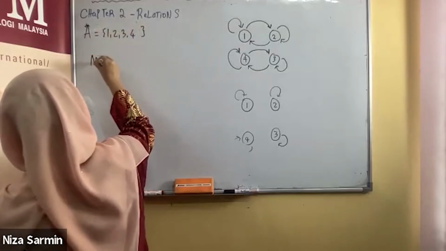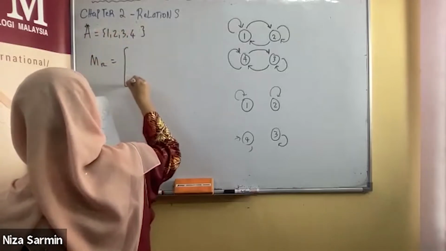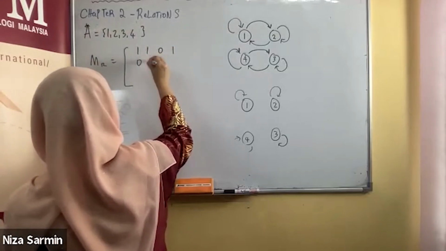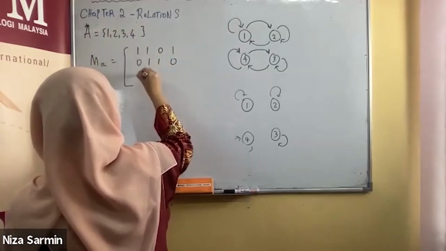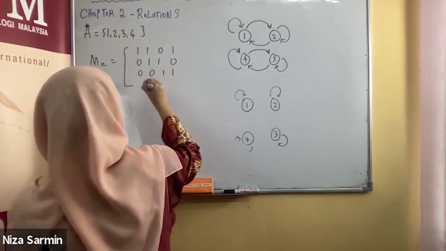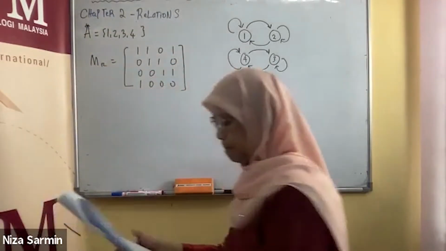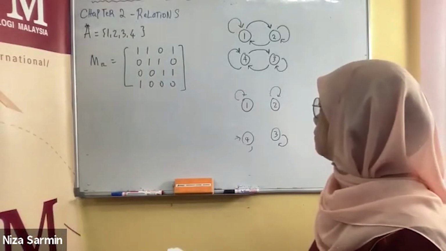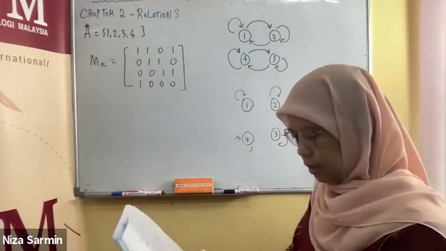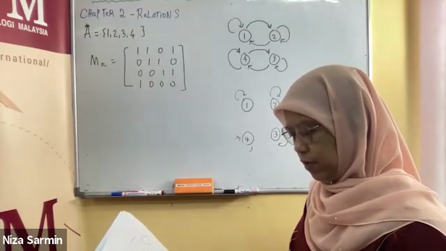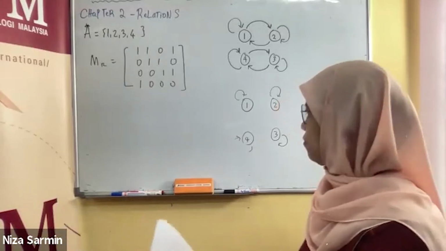And M is 1, 1, 0, 1, 0, 1, 1, 0, 0, 0, 1, 1, 1, 0, 0, 0. So you have to find the relation and find the digraph.